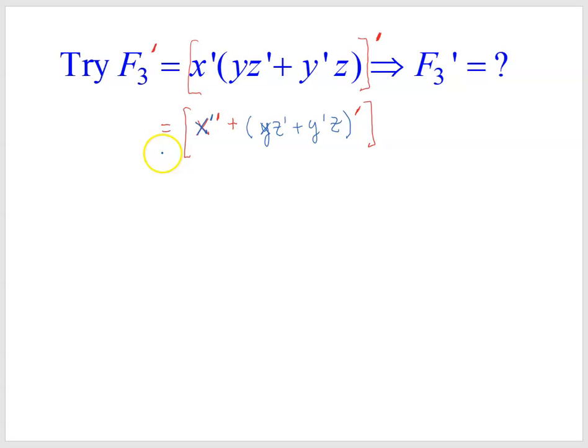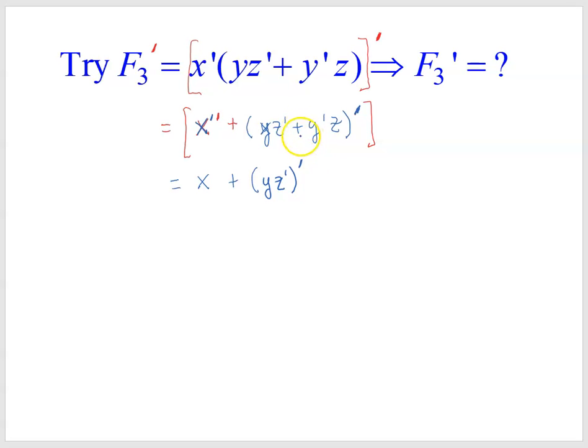So this is just then equal to, by involution theorem, x prime prime is equal to x. And then we're going to OR that with, when we evaluate this complement here, we'll show it in green, this complement here, we'll do our y z prime, but we have to prime that term.